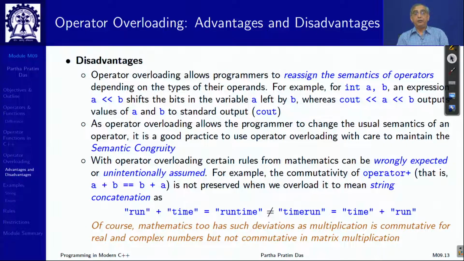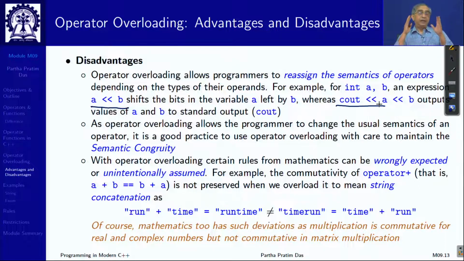The disadvantages are that when you overload, at times you provide very conflicting semantics, conflicting meaning, to the operators. One that you have already seen, this is what you have in C, you have in C++ as well, is that A << B is shifting A left by B bits. Whereas, you have seen in the context of output ostream that this means streaming A to cout.